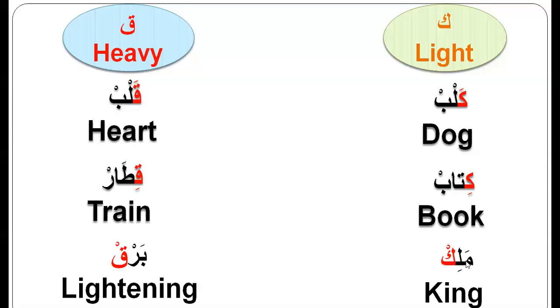If the ending letter is kaf, malik, king. If the ending letter is qaf, barq. So we pronounce the qaf heavy. Barq means lightning. So we say malik, light, barq, heavy.